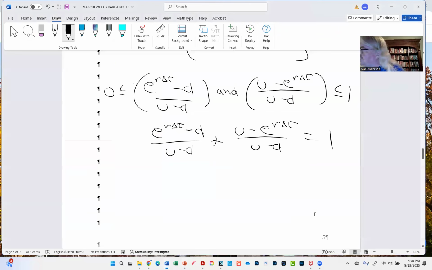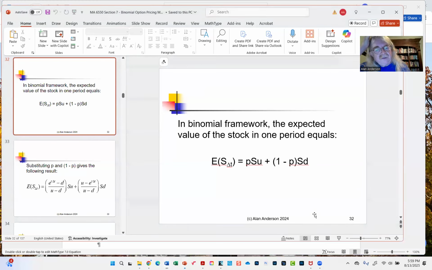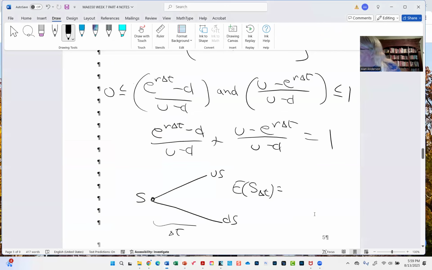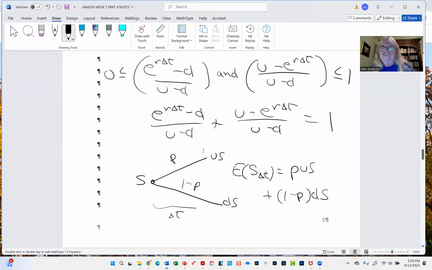That notation is a little different, but so the expected value of the stock at time delta T is the probability of going up, P, times US plus 1 minus P times DS. You can see that because it's P to go up, 1 minus P to go down. So the expected value is what you're seeing there.